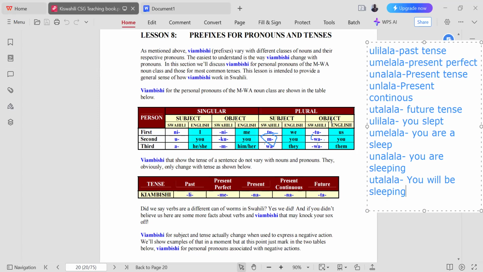What will be confusing is that Swahili distinguishes them, but English will say you. You are being confused on you for the two of them, using the English understanding. But when you say mutalala, basically it means you, plural, will be sleeping. Is there such a thing as watalala?